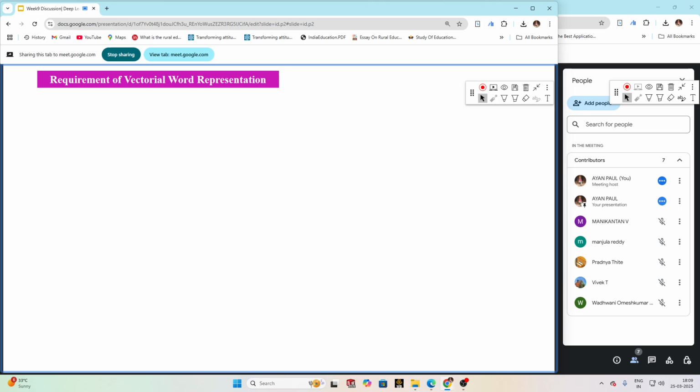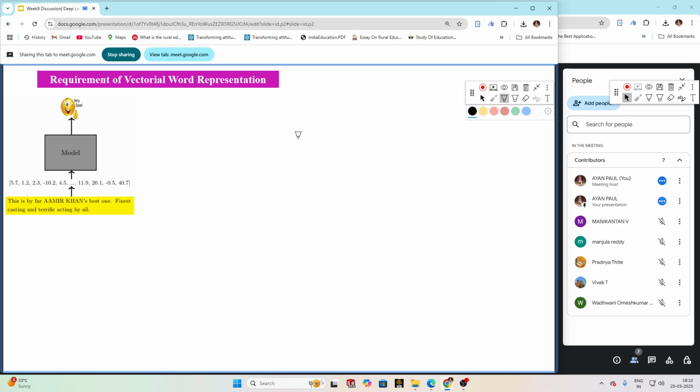Why are we doing this? First, NLP is a very important subfield of AI, and second, we also want to know how we can apply the neural network that we have learned so far in this NLP problem. So first thing, starting with the discussion, what is the requirement of vectorial word representation?